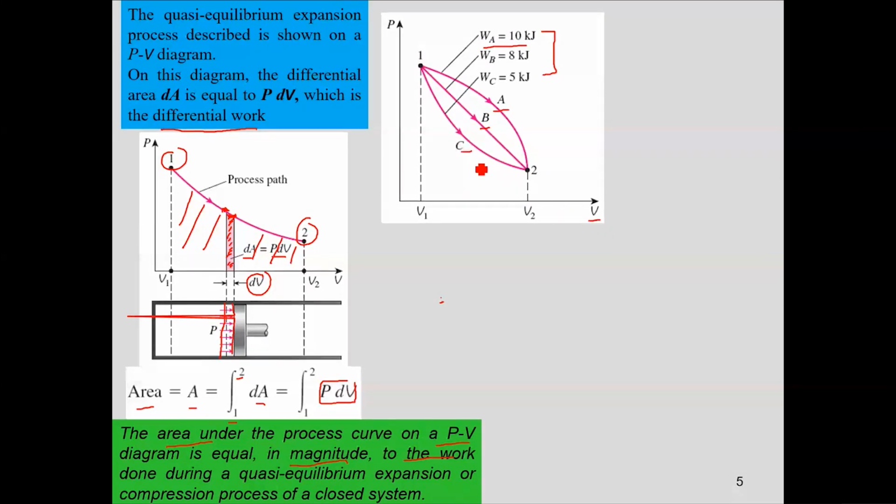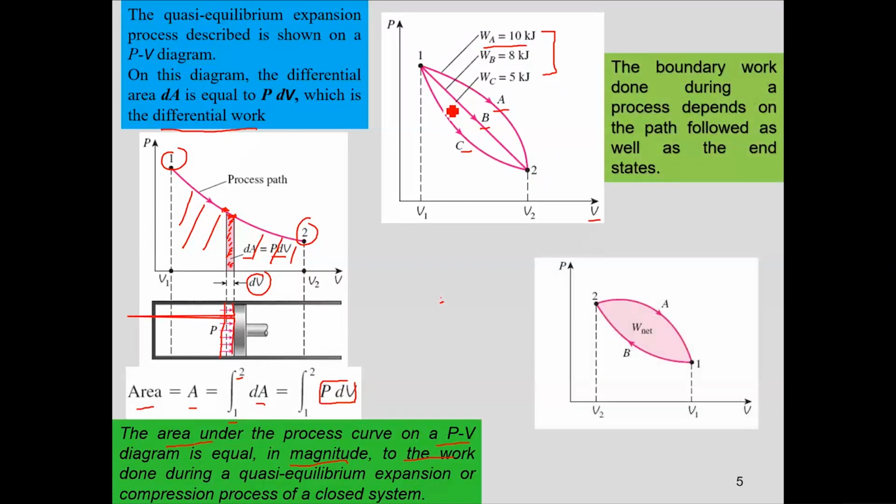And one thing more from this curve: if I undergo a cyclic process, that is, if I go from state 1 to 2 following path B, while I am compressing it and reducing the volume, and then I come back from 2 to 1 by path A, which is essentially expansion, then if A and B are different paths, I would have some net work available to me, or some net work done by the system.